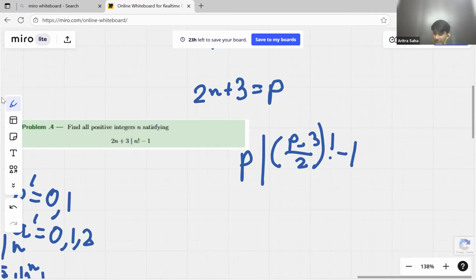Anyone else, any idea? Yes, any more ideas?